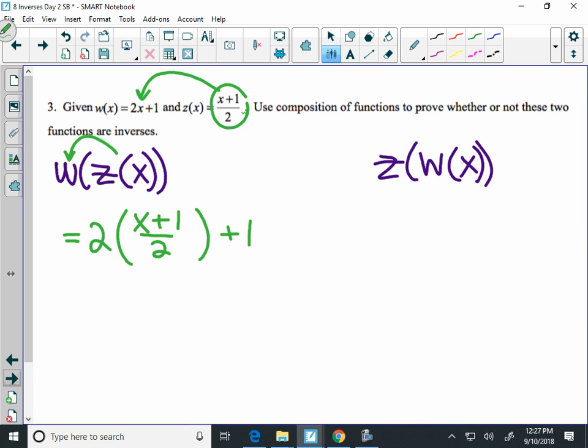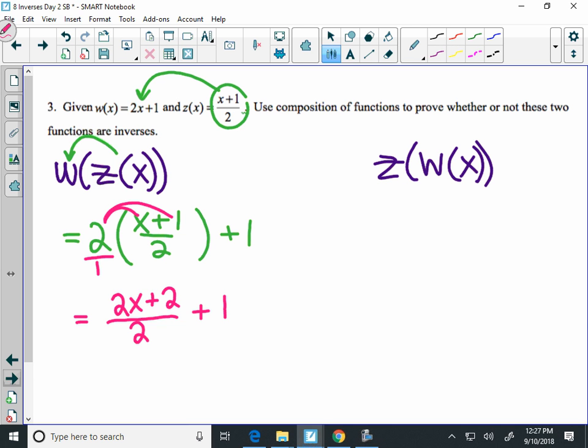What do you want to do first here? Distribute the 2. All right. We'll distribute the 2 just to the numerator. Remember, because this is a 2 over 1. So you multiply the numerators, multiply the denominators. So we'll get 2x plus 2 over 2 plus 1.